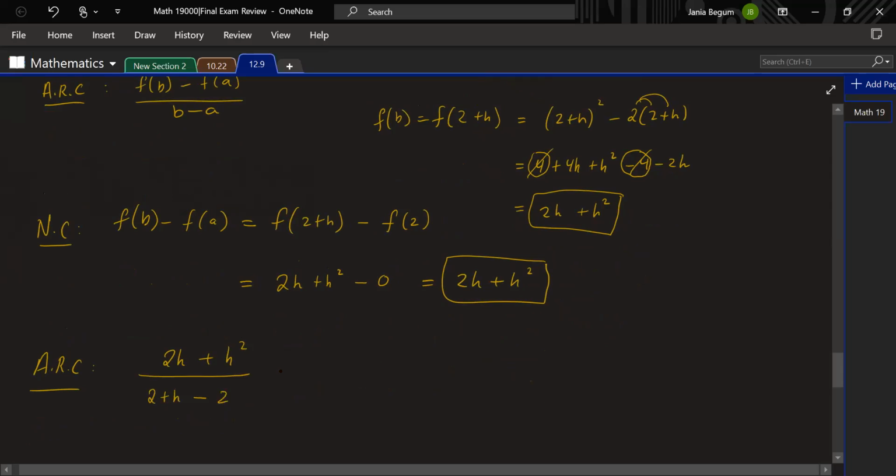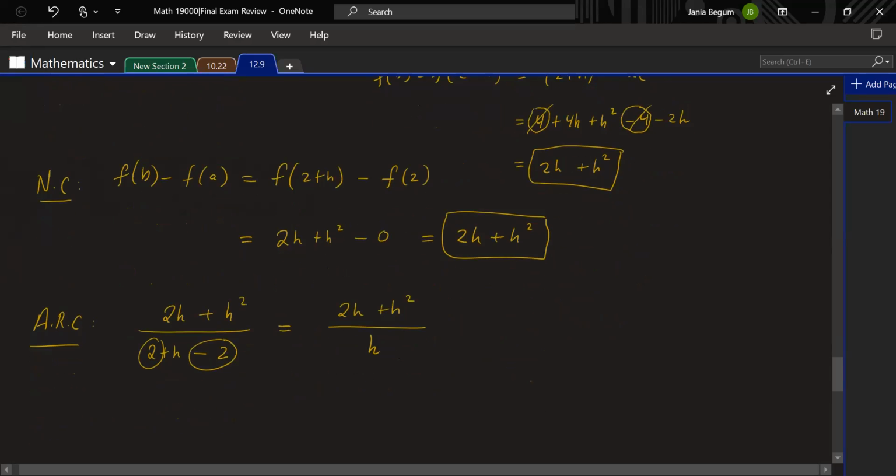And if I do further simplification, I have 2h plus h squared on top, and here the 2's will cancel out, so we have h on the bottom. And finally, I can factor out the top, pull out an h, so I have 2 plus h all over h. And now I can successfully cancel out the h's, so that will give me 2 plus h. And there you have your average rate of change.